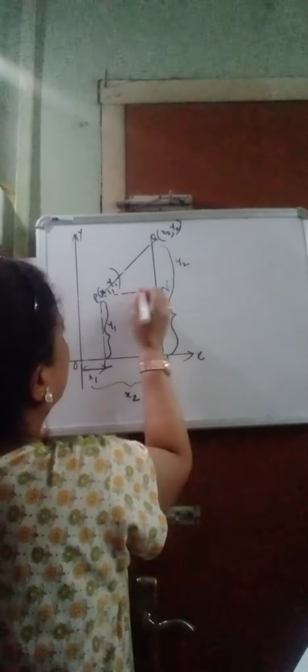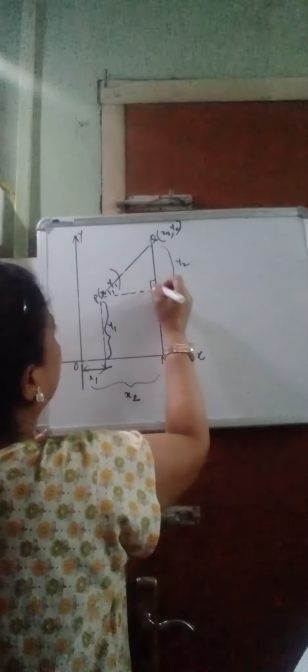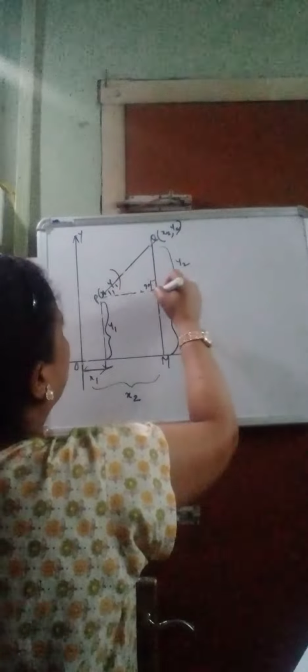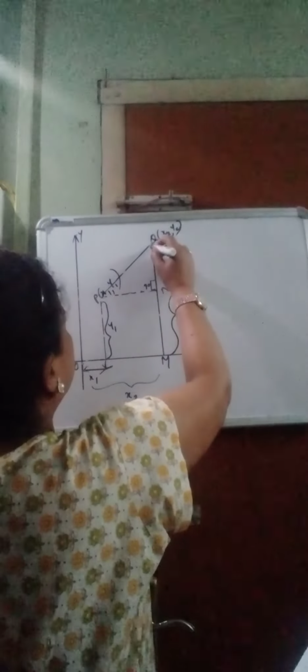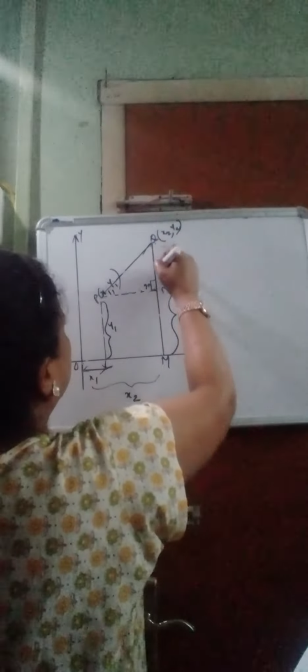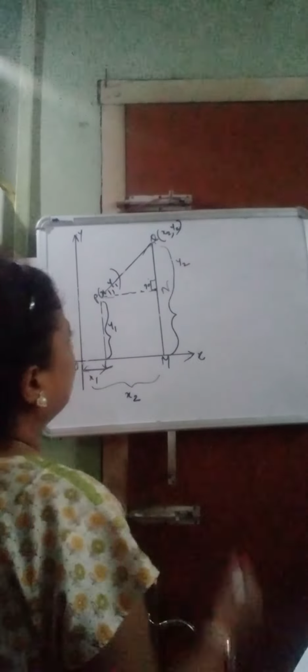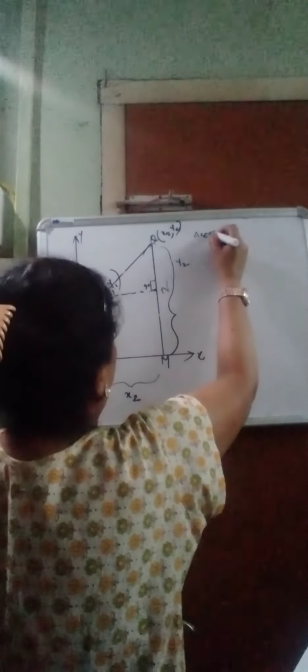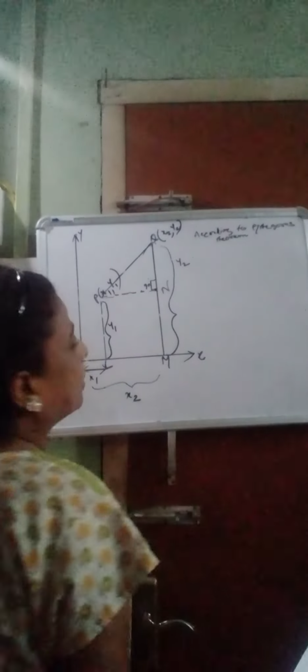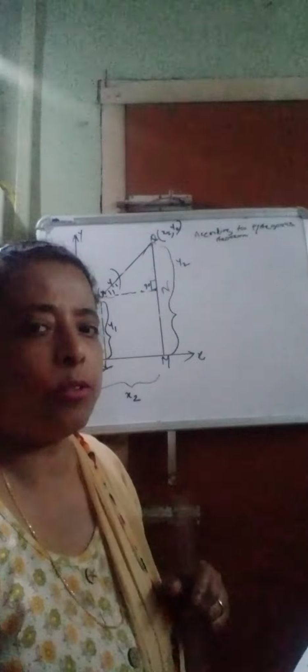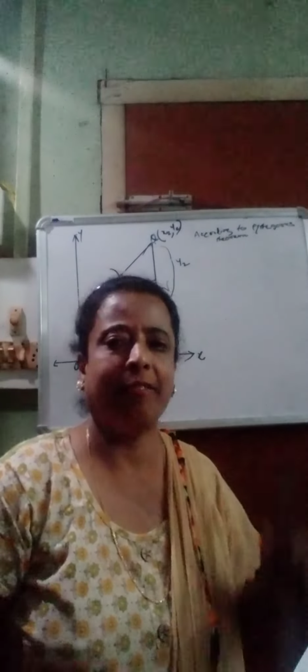Now you see here, obviously it has become one right angle triangle. Okay, so PQ is the hypotenuse, PN is the base and QN is the perpendicular. So according to the Pythagoras theorem, we know that the hypotenuse square is equal to base square plus perpendicular square.